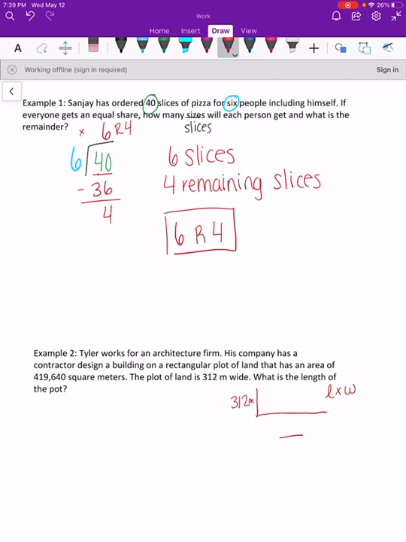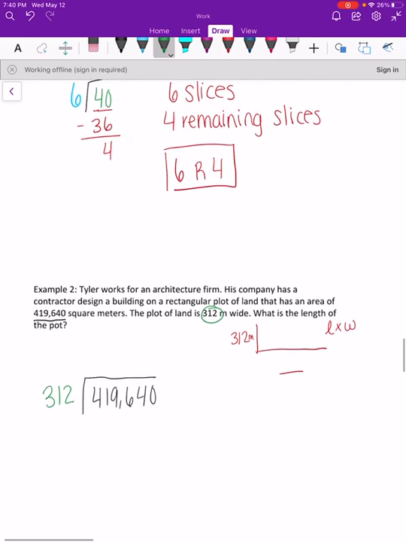So I'm going to take this 419,640, and we're going to divide it by 312. All right, here we go. Hang tight with me. These are some big numbers, so just go slow and watch me do it. So 312 does not go into 4. It does not go into 41, but it does go into 419.